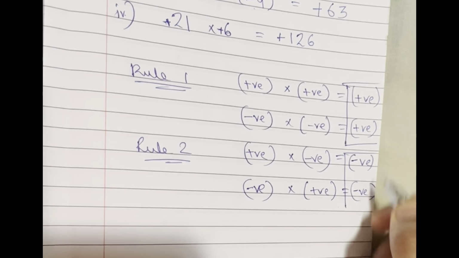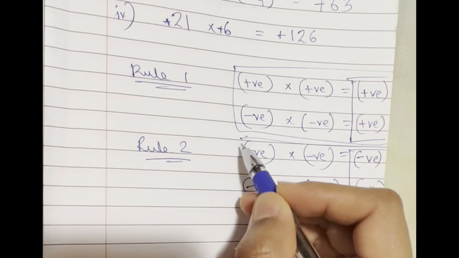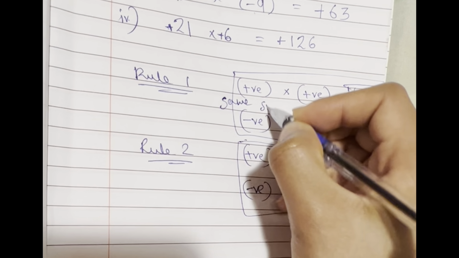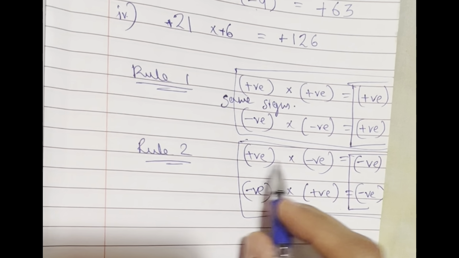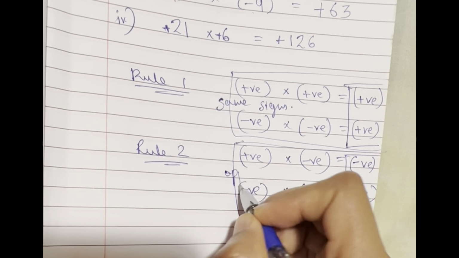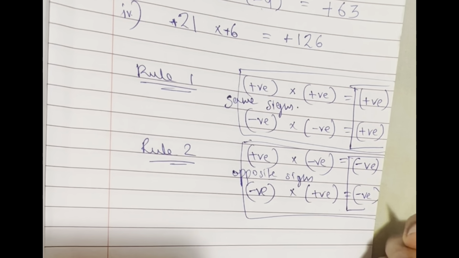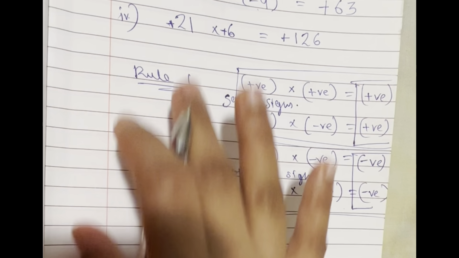Okay, these two one set, these two other set. That's why this is rule number 1, when same signs are coming. Okay, this is rule number 2, when opposite signs are coming. Got it? Yeah, simple. Just remember this format by heart.